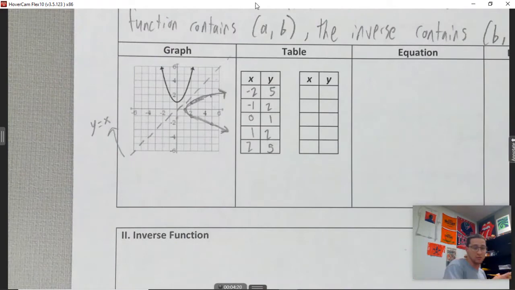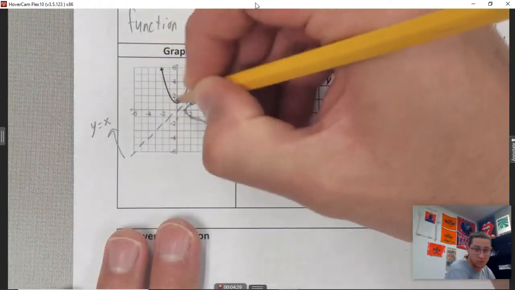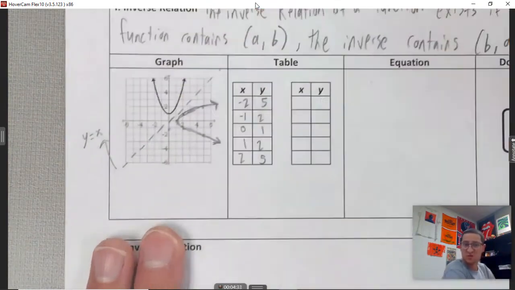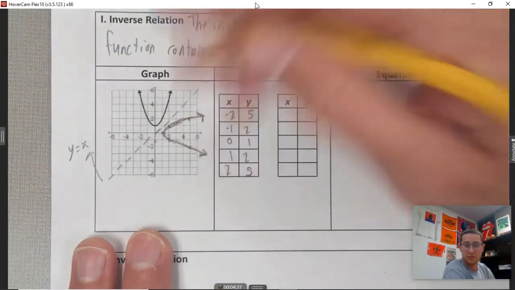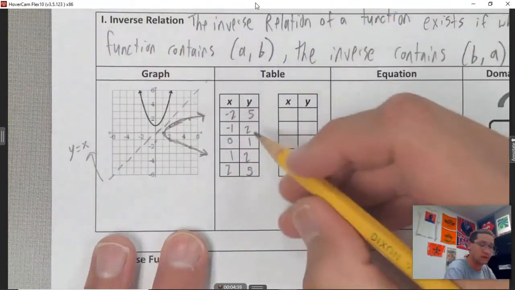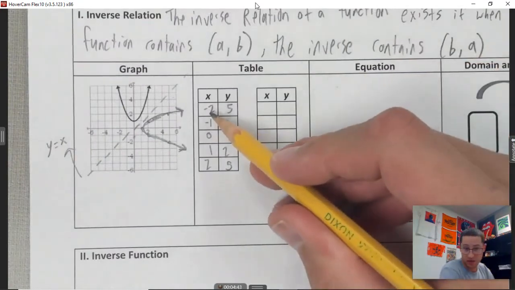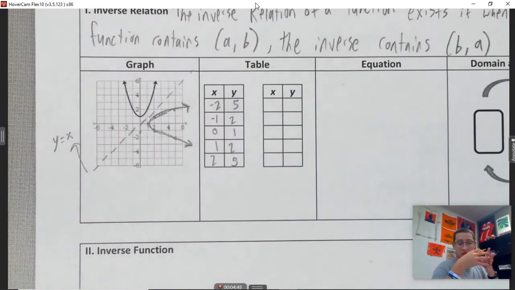For the inverse, let's talk about some notation here. If this was my original, actually I don't want to name it as a function, just because, yes, this one's a function, but I don't want to name it a function, so I'm taking back what I said. But to talk about the inverse relation, if I end up with a negative 2, 5, for an inverse relation you're just going to switch your x and y.